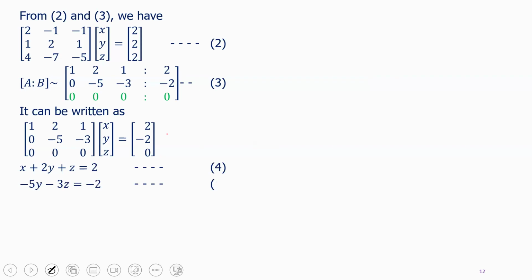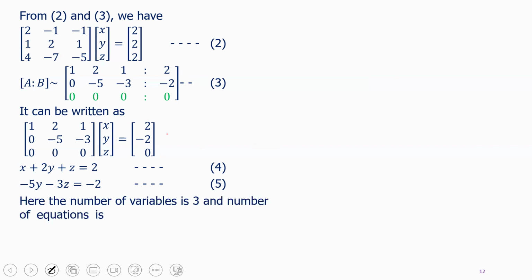So now clearly we have three variables x, y, z, but we have only two equations. It means that one variable is independent. So the number of variables is 3 and the number of equations is 2. Out of three variables, one variable is independent.